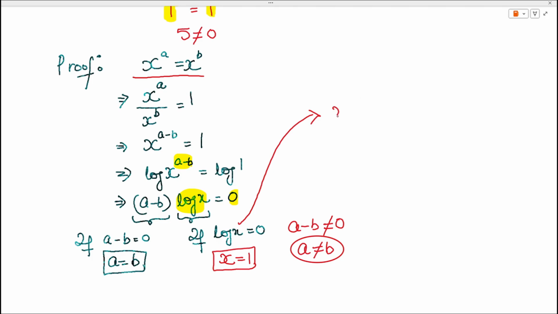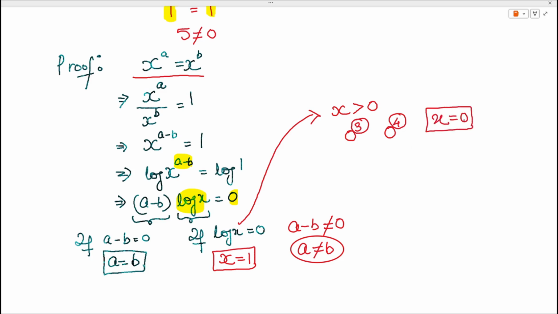So our restriction is that x needs to be greater than 0, and hence this equation does not hold good when x is equal to 0, because we know that 0 raised to the power of 3 is 0. 0 raised to the power of 4 is also 0. But can we say that 3 is equal to 4? No, just because the bases are the same, we cannot equate the exponents over here. So this does not hold when x is equal to 0.